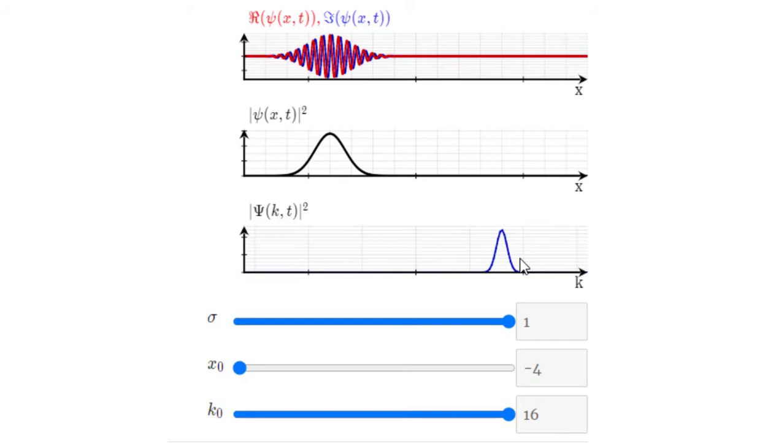And therefore, we don't have the very higher spatial frequency components, so they're not going to dash off and outrun. So the dispersion of our wave packet is going to be slower. So let's try that.